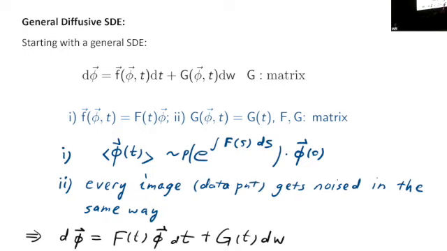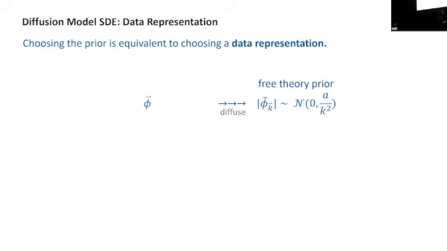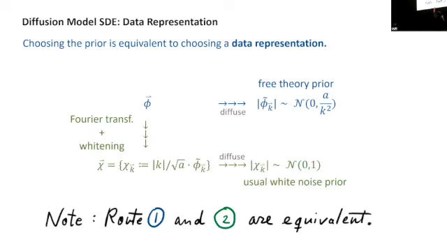So that's what we propose. It's a trivial mathematical fact, but it's still interesting to point out that choosing a prior is equivalent to choosing a data representation. What I mean is that instead of doing this diffusion, you could do a change of variables. You can do a Fourier transform followed by frequency dependent scaling, and then you do the usual diffusion with the usual white noise prior.